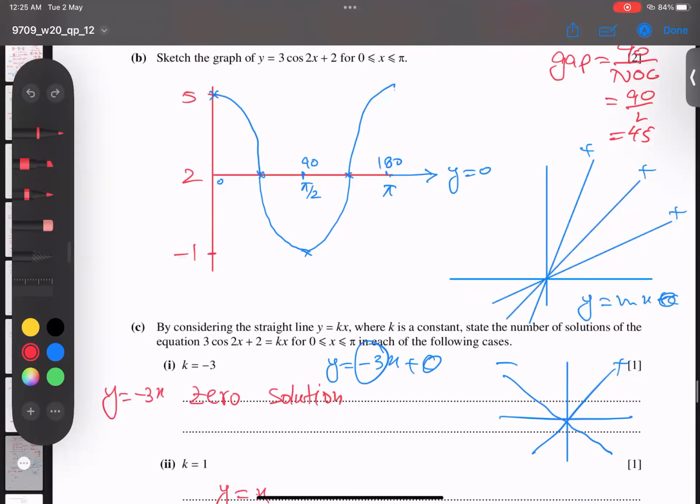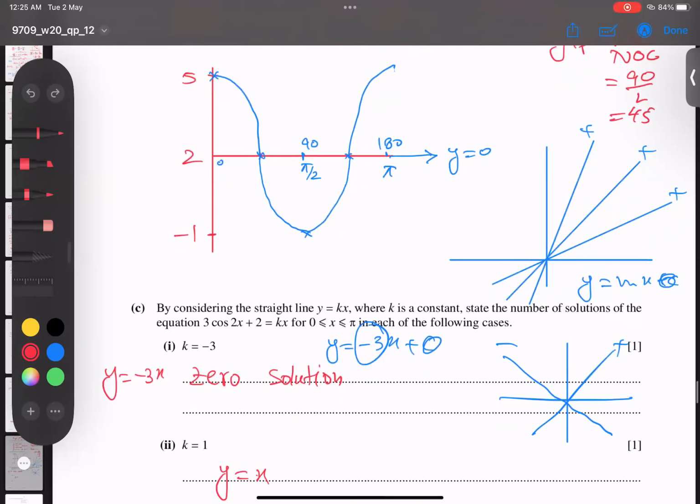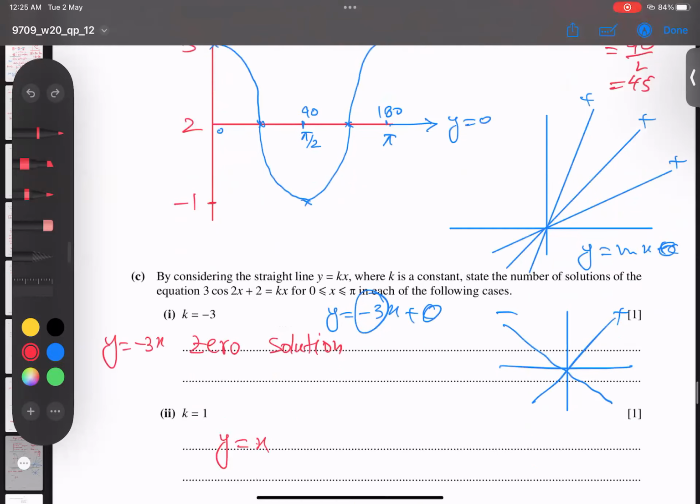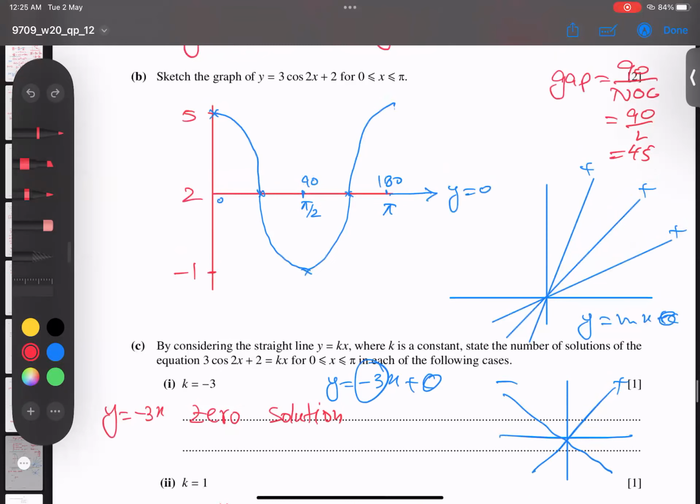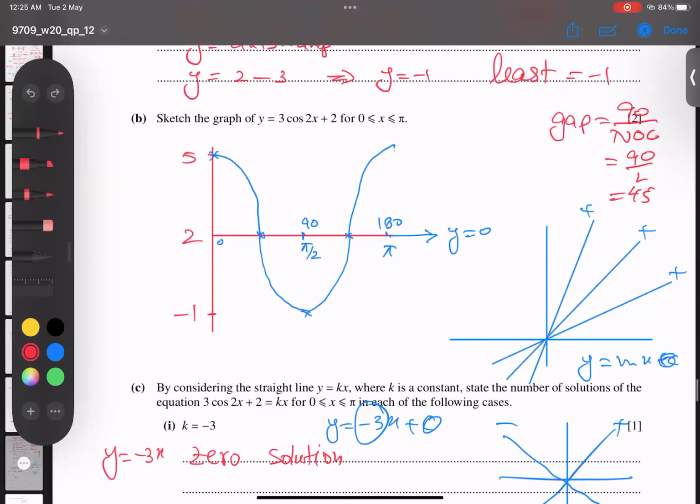First of all, you know y and x are equal to each other, right, students? It means we must know that the y value and x value are equal. So for example, what is the value of pi by 2? If you type it in the calculator, students, pi divided by 2 is 1.57.